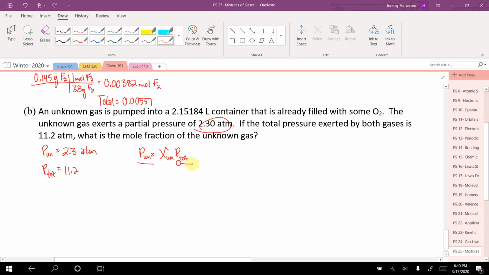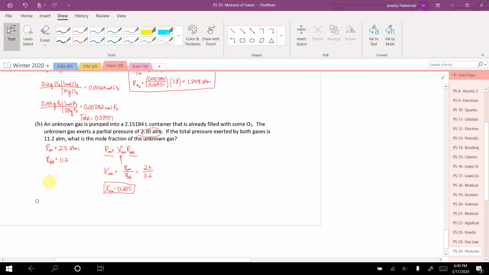They give us two of these, and then they ask for the third. Easy question. So I could rearrange this. The mole fraction of the unknown is going to be the partial pressure of the unknown divided by the total pressure, 2.3 over 11.2. And I get that the mole fraction of the unknown gas is 0.205. And that's just a fraction, so there's no units on it.